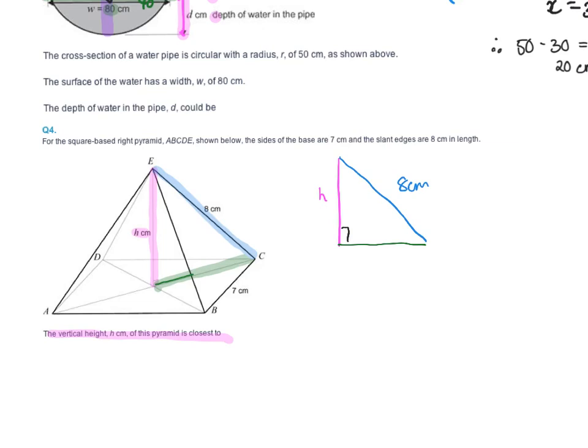So I need to find, and I'll call it X, I need to find this as well, because for Pythagoras I need to have only one unknown. So there is a way of working out that X. Now if from here to here is X, can I say here to here is also X?